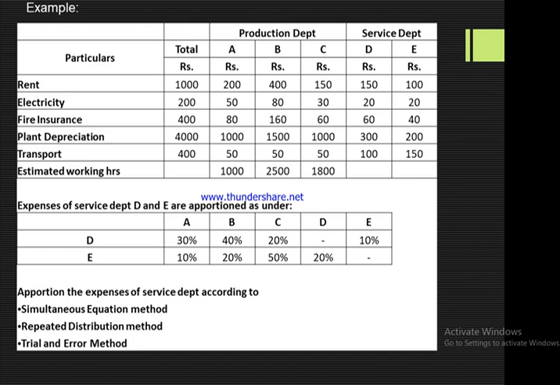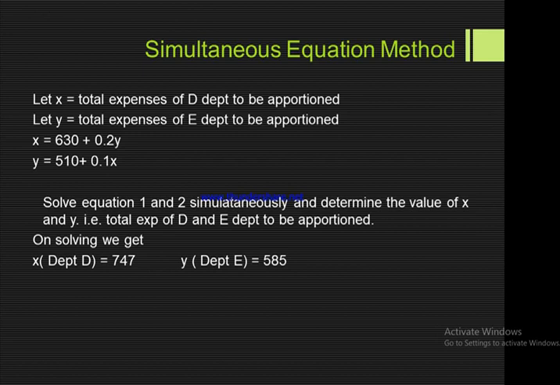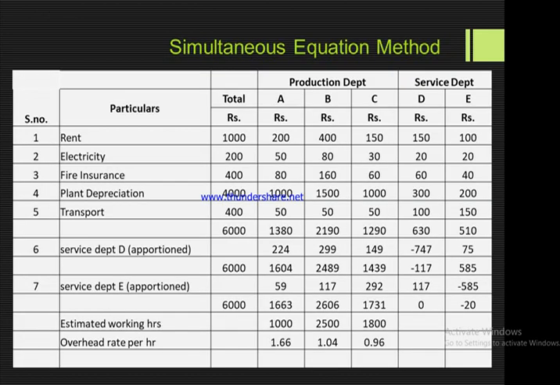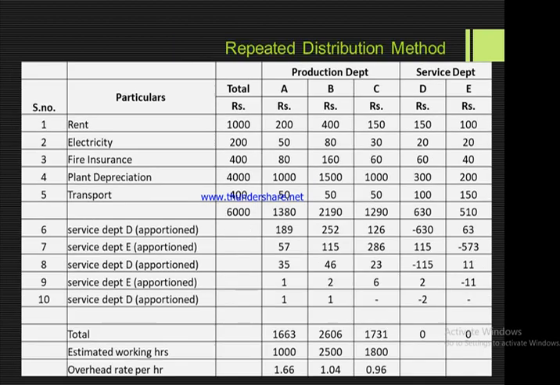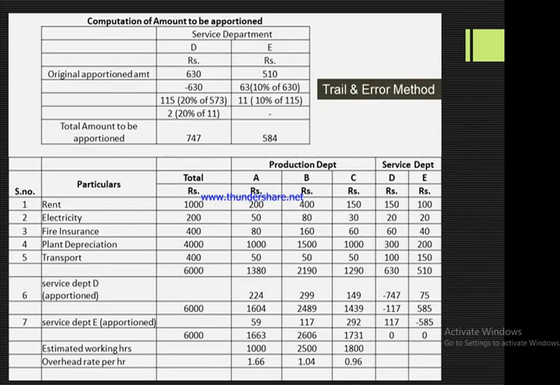This was an example I took in the last class in terms of how the overheads allocated to the production department and service department are reapportioned back to the production department using these three different methods. And when you look at the end, in each of the methods, the final overhead rate per hour remains the same.